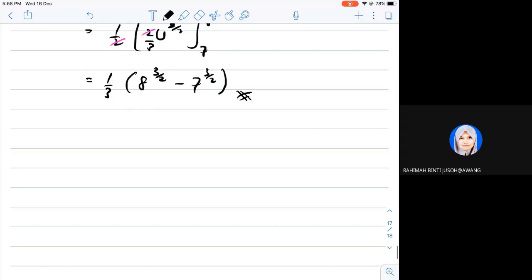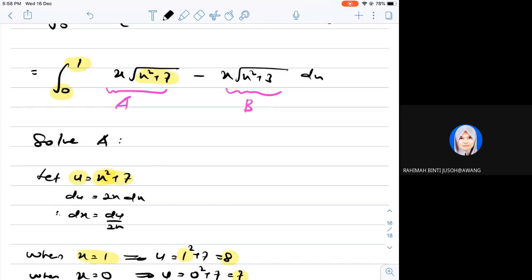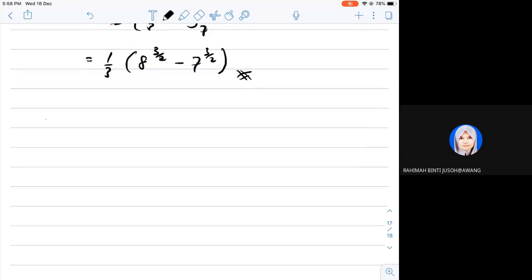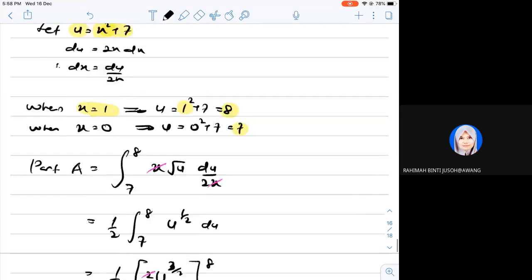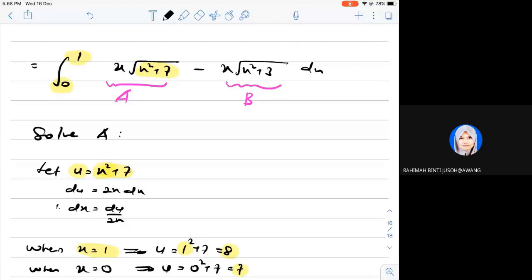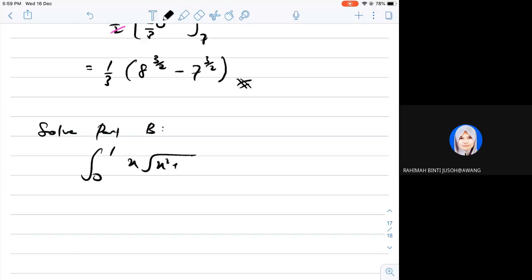We want to solve part B now. Part B, we have the integral from 0 until 1 of x times the square root of x squared plus 3, times x squared plus 3 dx.